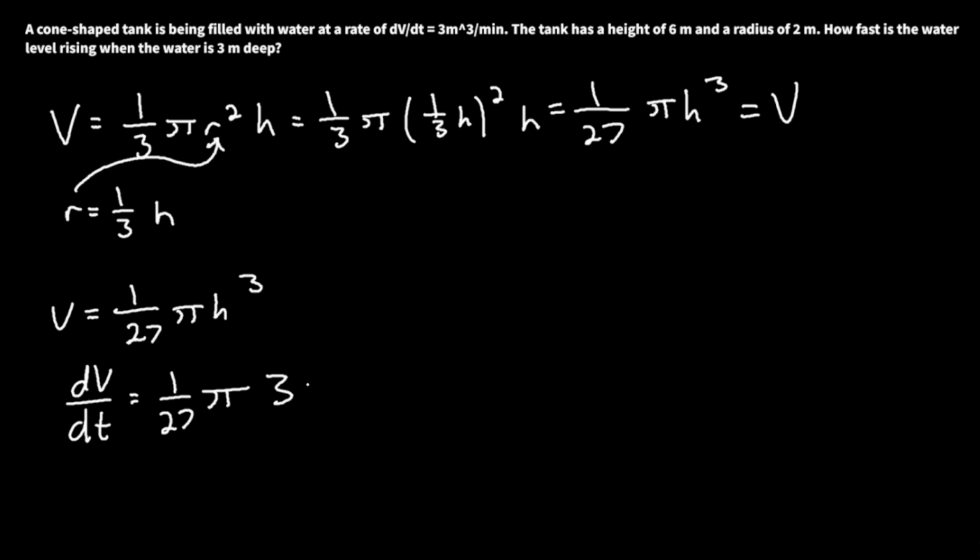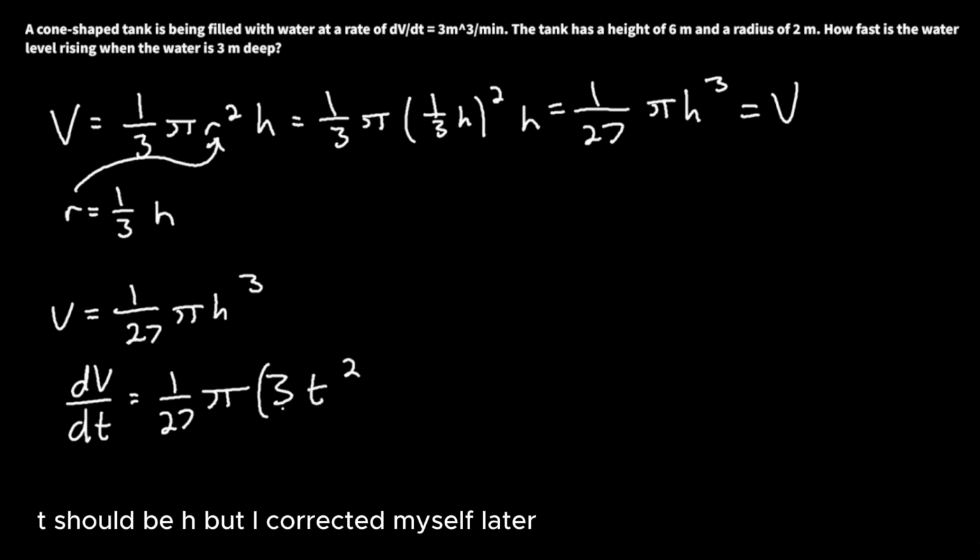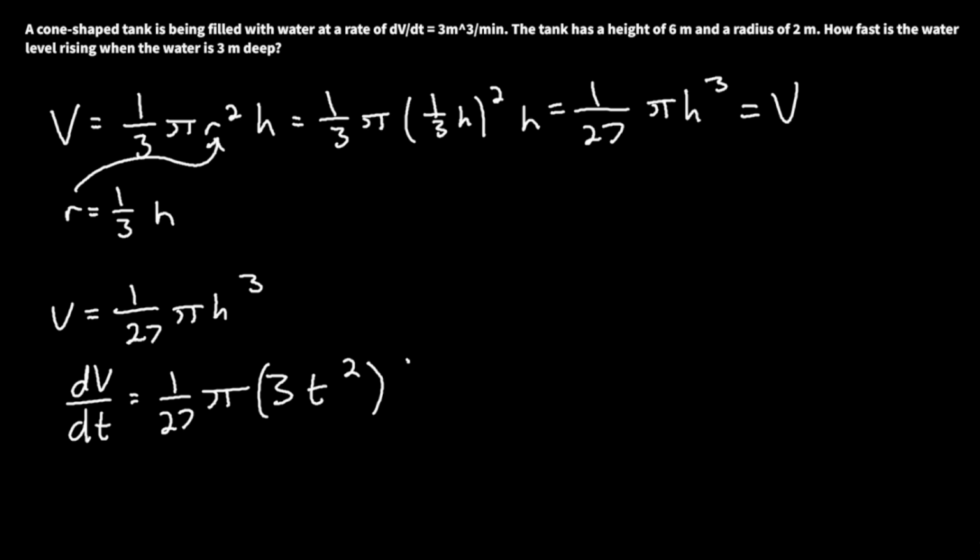So we have 3h squared as our derivative for h, using power rule, times dh over dt, right? Sorry, this should be an h. Now, let's keep going on.